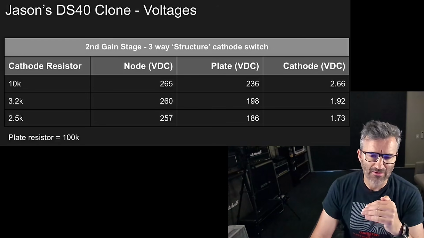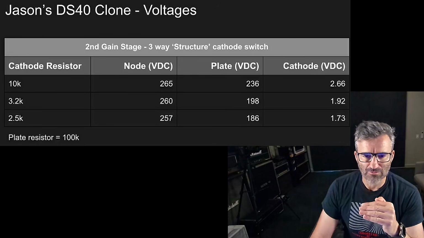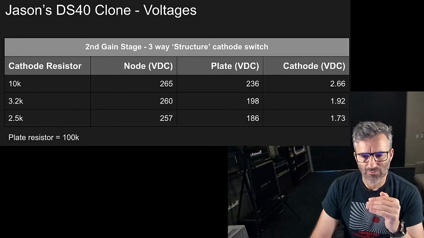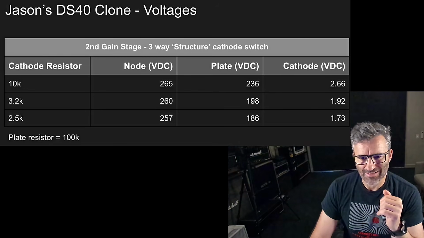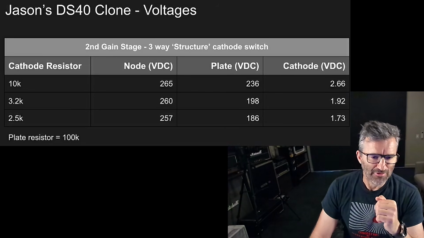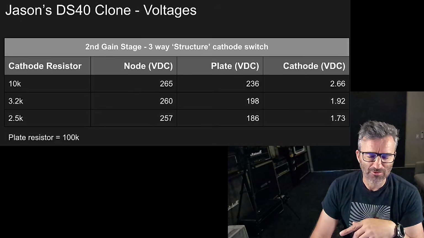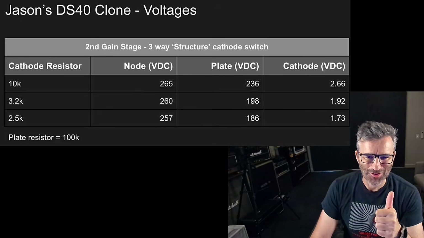So we will get different tonal characteristics as well as a different amount of gain from these 3 setups, and we're going to explore that by looking at load lines.